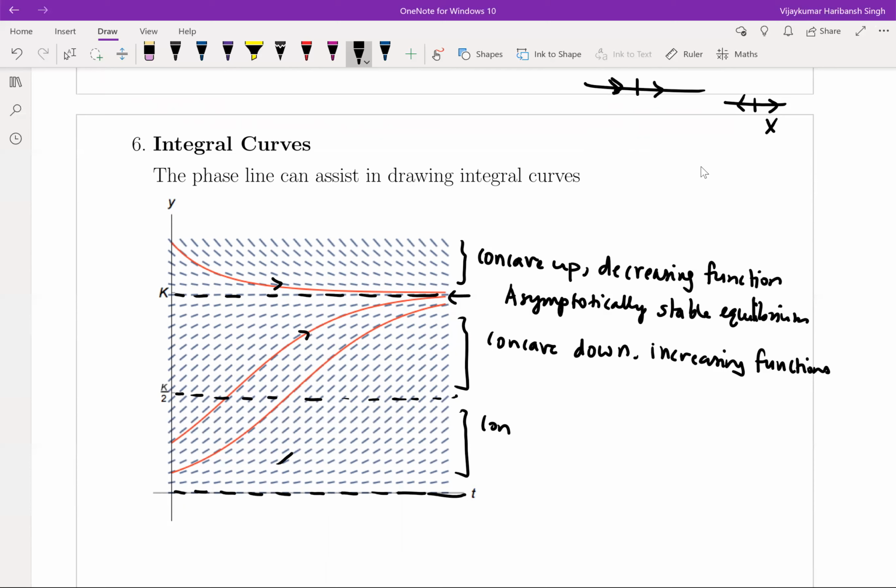You can see that the integral curves are concave up. You can see from this red part here, or you trace any of the integral curves, you'll see that it's concave up. Increasing function. And this is our unstable equilibrium because the solution is going away from it.